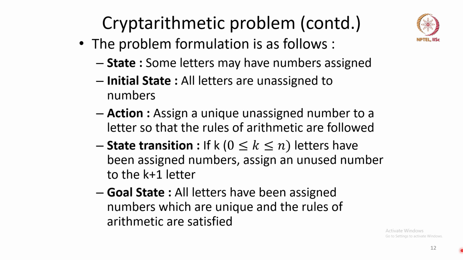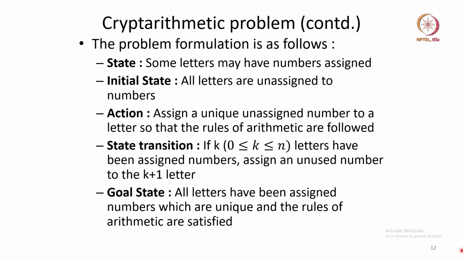And what is the state transition? If k letters have been assigned numbers, assign an unused number to the k plus 1th letter. And the goal state is that all the letters have been assigned numbers which are unique and the rules of arithmetic are satisfied. So that is the basic idea of the cryptarithmetic problem.